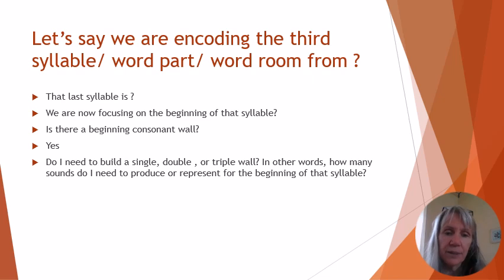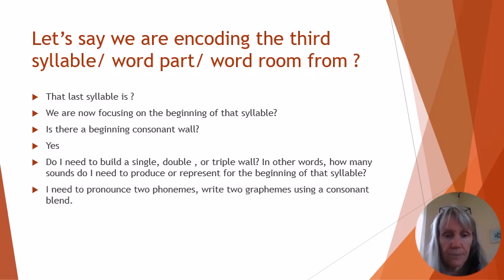Do I need to build a single, double, or triple vowel? In other words, how many sounds do I need to produce or represent for the beginning of that syllable? Stand. That's right, two. Two sounds, two phonemes. The S and the T. So if I need to produce two phonemes, I also need to write two graphemes using a consonant blend.